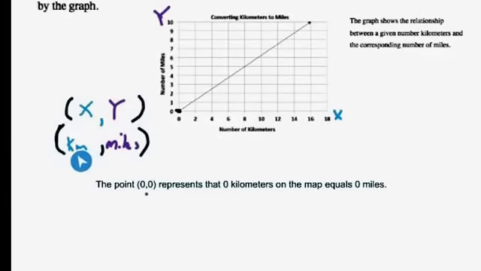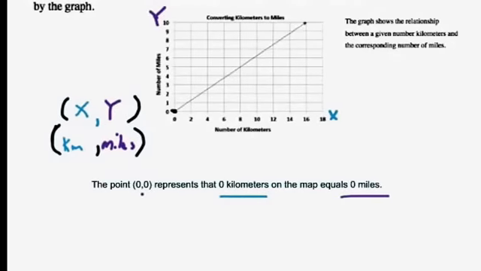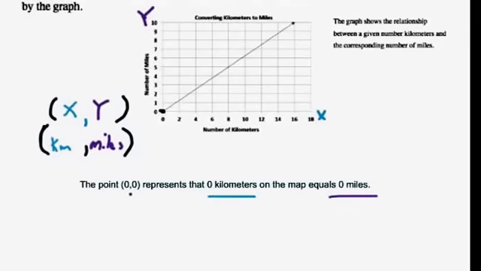In this case, it's describing the relationship between the kilometers x and the miles y. So the point 0, 0 represents that 0 kilometers on the map equals 0 miles. That would be a way to translate that point on a graph to a statement in English.